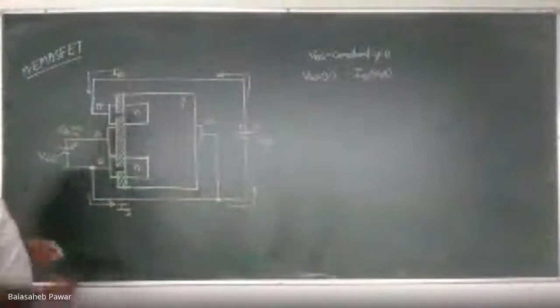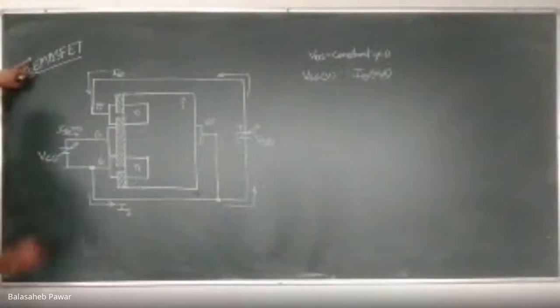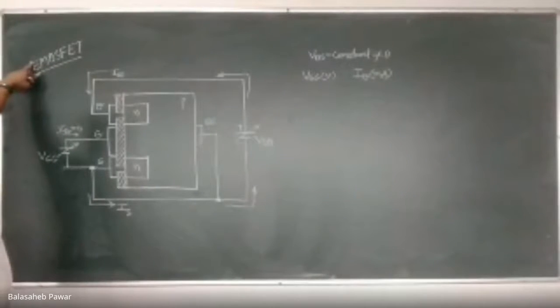See, last time we discussed in detail the construction and somewhat the working of this N-channel e-MOSFET. Why it is titled as N type or why it is titled as enhancement, that also we discussed.